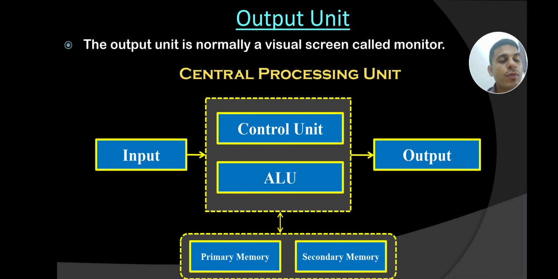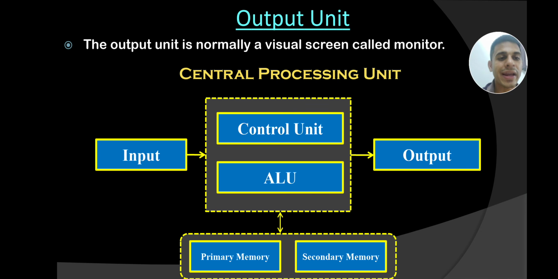Whatever input we provide will be sent to the control unit. The control unit will give that input to the ALU, and the ALU will decide whether the working will be on an arithmetic, meaning calculation, basis or a logical basis.